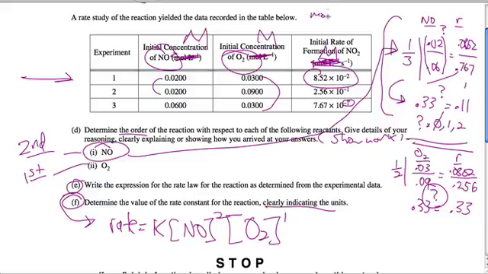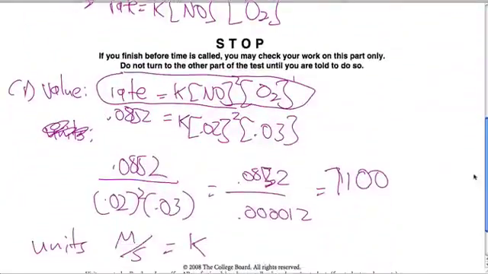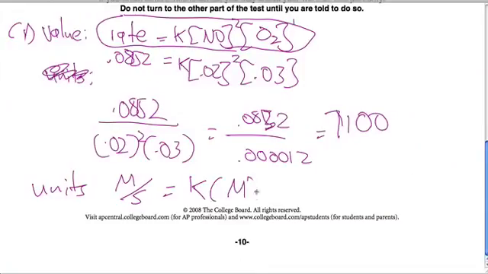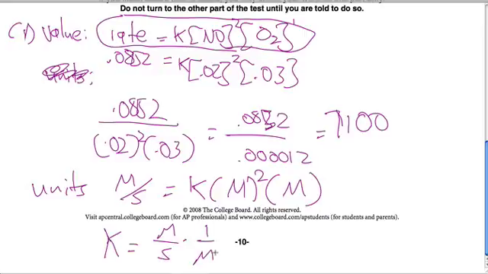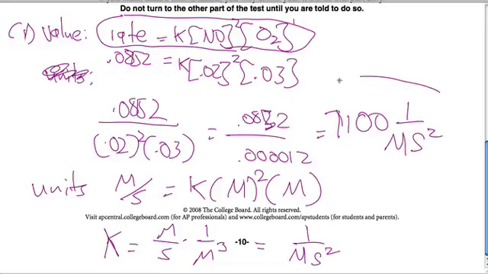So remember that moles times liters to the negative 1 equals molarity. It's a lot easier to do it that way. So I got molarity squared, molarity. You rearrange all these, you end up with K equals 1 over molarity squared seconds. So 1 over molarity squared seconds is the units.